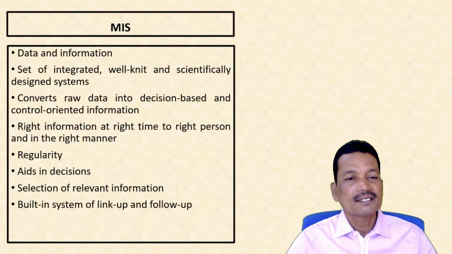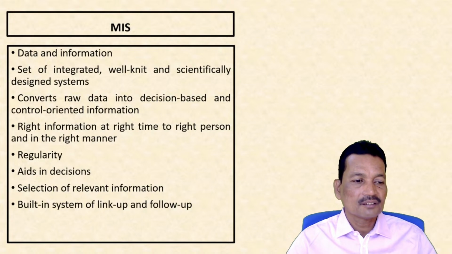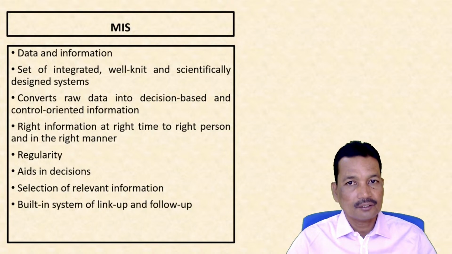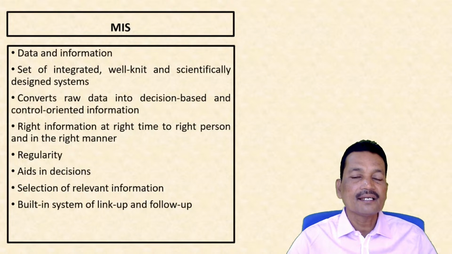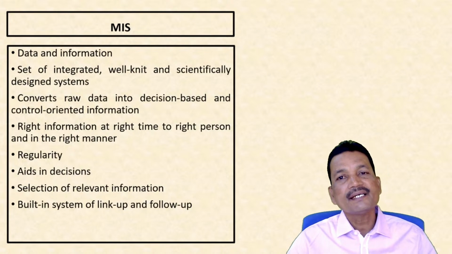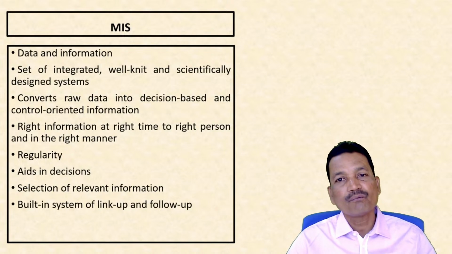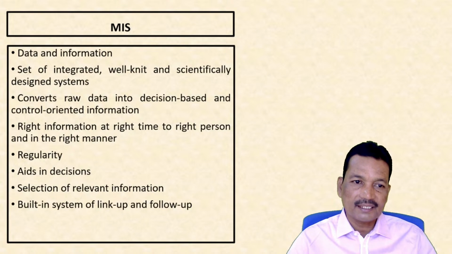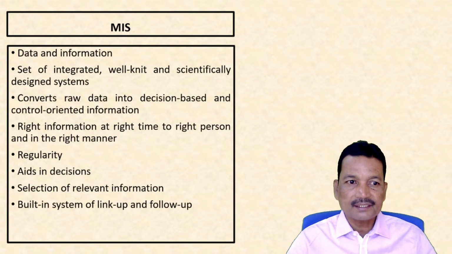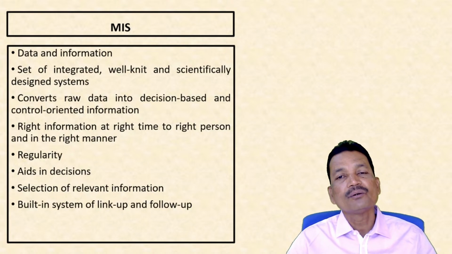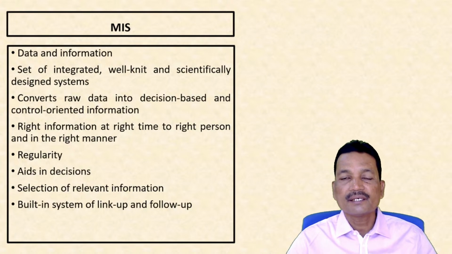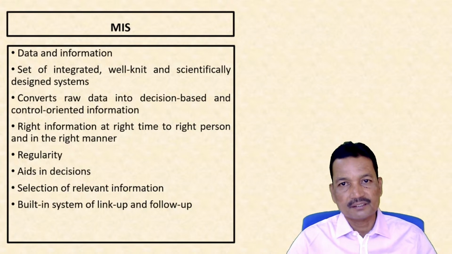So we say MIS converts raw data into decision based, control oriented information. That means data should be converted into information for two reasons: to take decisions, and to take decisions so that we can control if there are any kind of deviations.